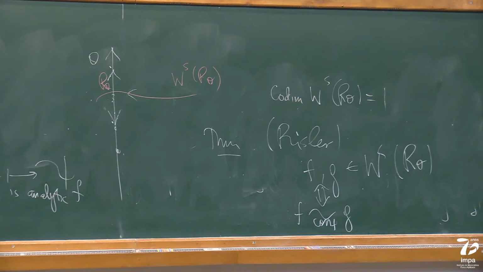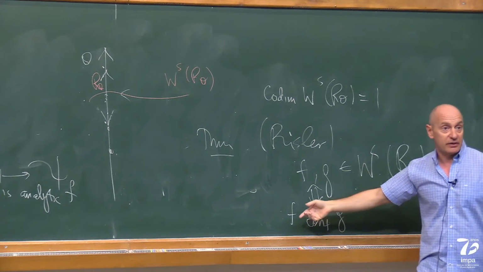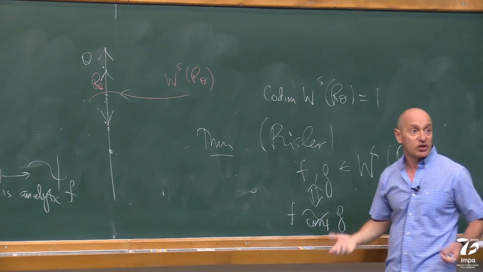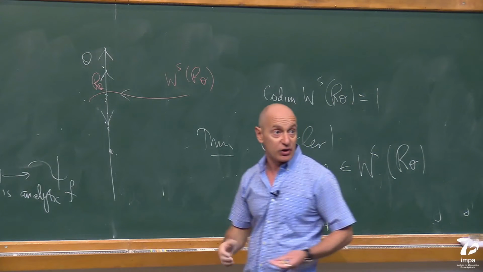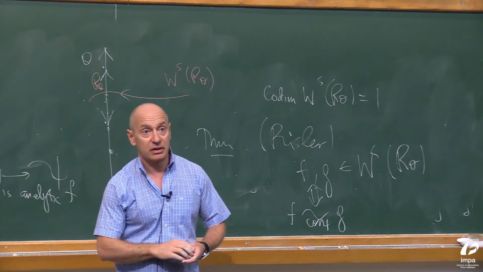Okay, but now, obviously, you have to prove it, right? You have to prove that the convergence of renormalization has to imply a form of rigidity. This theorem is for all of your Bruno thetas.